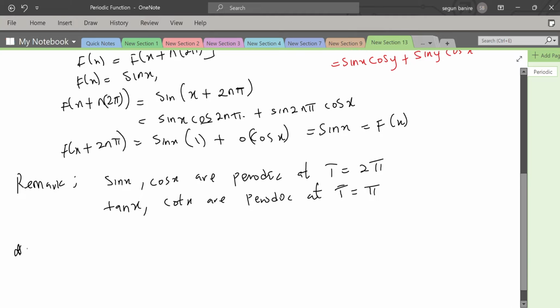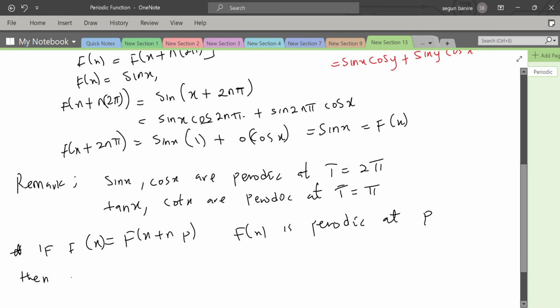Now also there is something very, very important you need to know. It says if f of x is equal to f of x plus p, it means that f of x is periodic at p, right? But now if, for example, we have f of ax plus b, so the x has a coefficient, in the first one the coefficient is 1, but if you have a coefficient of x other than 1, and you can even have plus b, how do you get the period?